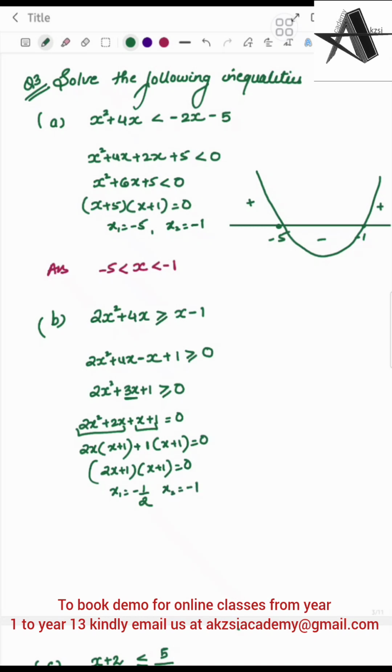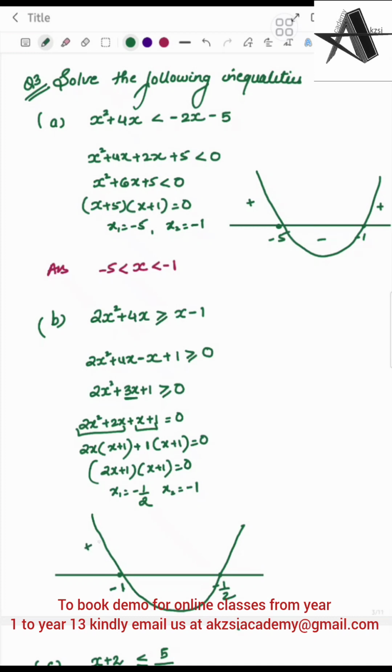I'm just going a little bit faster because we have already done the basics and many questions before. So I assume now you're all aware of how to solve it. So your roots are -1/2 and -1. So you'll draw like this.